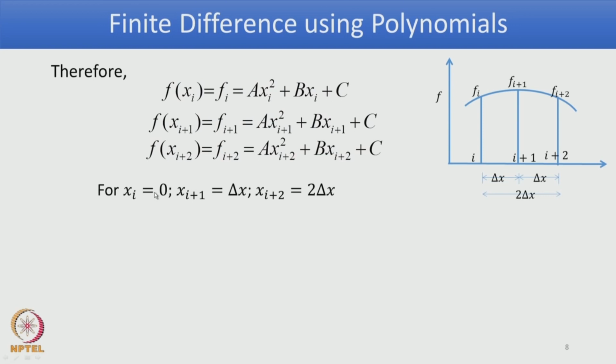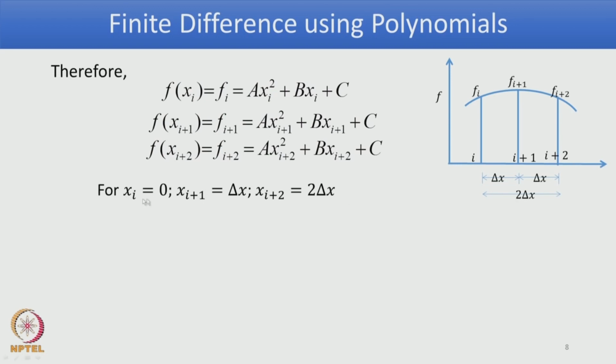If we consider x of I as 0, because that is our point of interest, then x of I plus 1 is at a distance of delta x, and x of I plus 2 is at a distance of 2 times delta x with respect to I. To be clear, it is only at a distance of delta x from I plus 1, whereas it is at a distance of 2 times delta x from I. Once again, for simplification we have considered only a uniform mesh, which is why the factor 2 appears here, and next we are going to see how to obtain it for a non uniform mesh also.